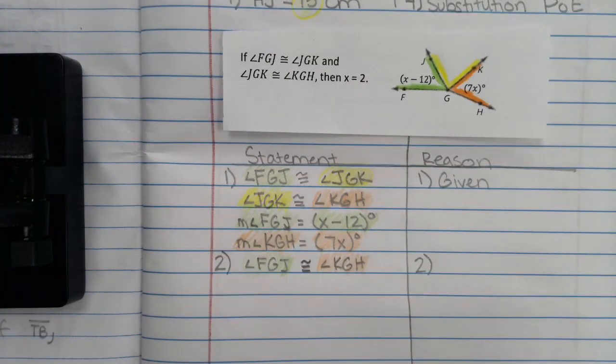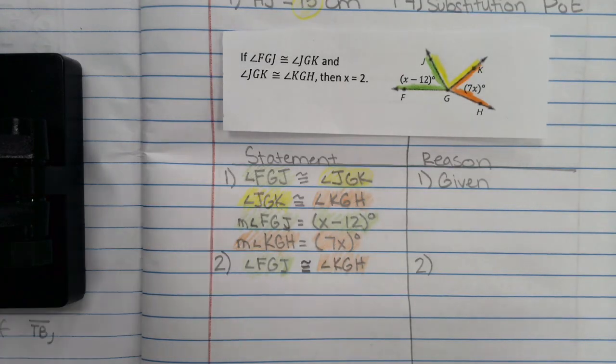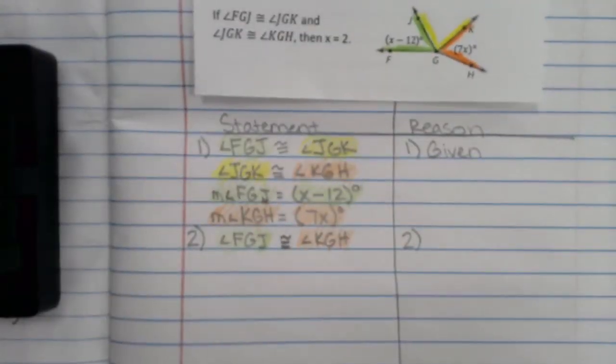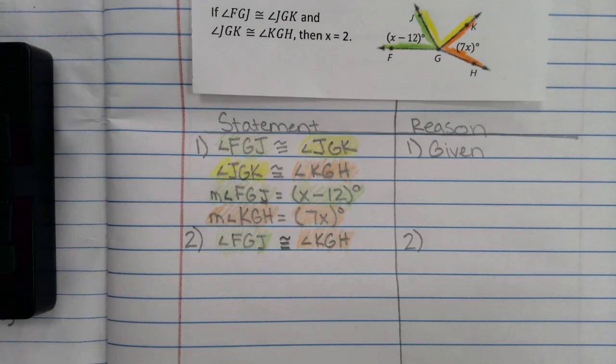Okay, so for my reason for that second statement, what said that if this is congruent to that and that is congruent to this, then they're all the same, so I can go with first is the same as last.